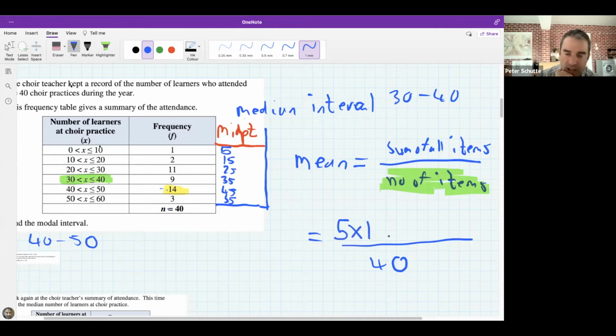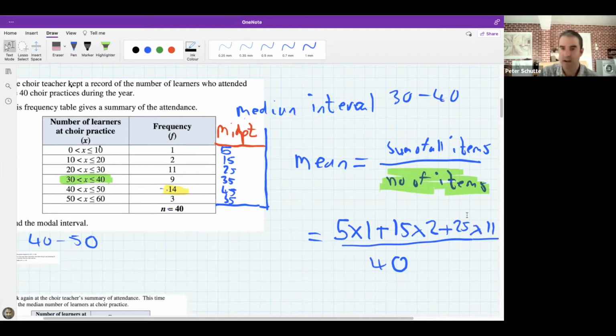So we go 5 times 1. Then we go plus, what's the next point? We go 15. And how many times did we have data in that interval? We had it twice. So we go 15 times 2. Plus, what's the next interval? It's going to be 25. And how many times did we have 25? We had 11 times. So we go times by 11.